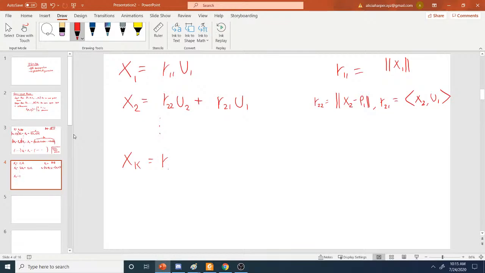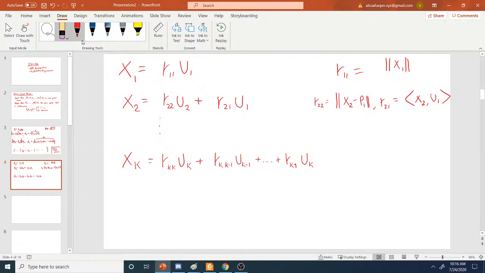So we're going to put rkk here, and then this is going to be times uk, and then plus rk,k minus 1 times uk minus 1, and then plus and so on, plus rk1 u1.